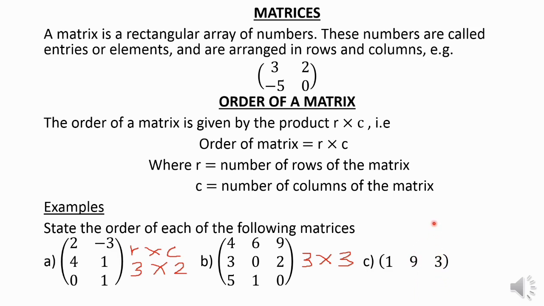To write down the order, we said the order is given by the number of rows by the number of columns. So we start with the number of rows, which is 1, by the number of columns, which is 3. So 1 by 3. This is how we can write down the order of the third matrix.